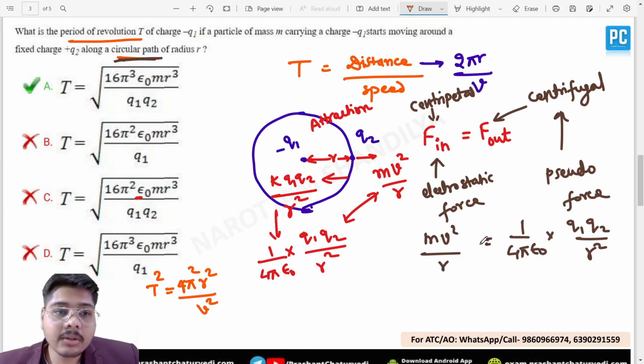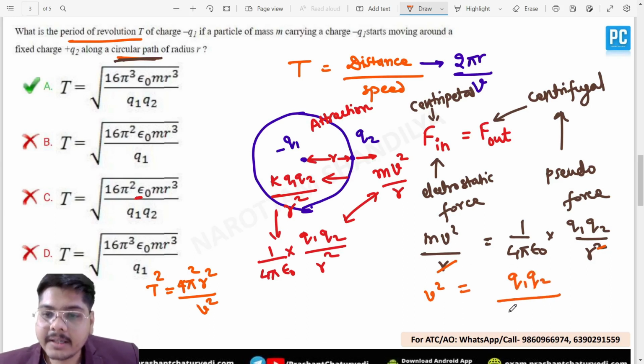And what you want to calculate? Sir, I want to calculate this T. So either put the value of v square here and get the value. So v square here will be, sir, it is 1r and 1r here. So from here, v square will be equal to q1 q2 divided by 4 pi epsilon naught r m.